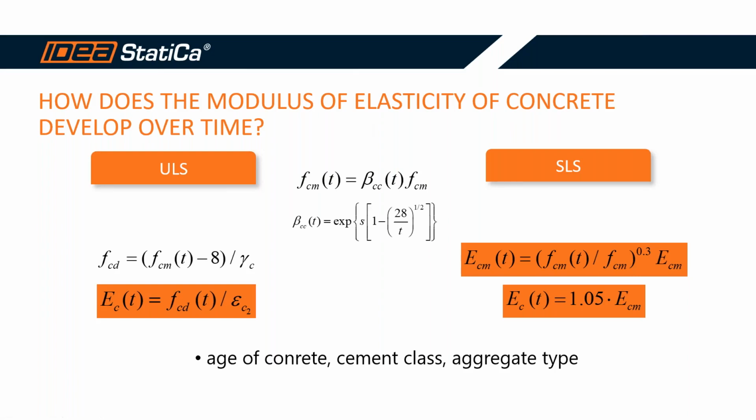So the third question or topic is focusing on the modulus of elasticity of concrete. So as you know, if it is prestressed, if you have construction stages, you need to consider the changing of the material characteristics of concrete.